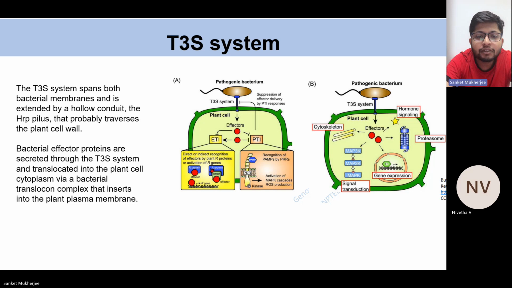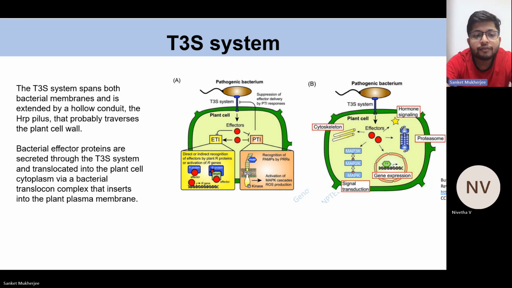This HRP pilus is kind of an extension of the bacteria, which allows effector molecules or other pathogenic molecules to get into the plant cell wall.